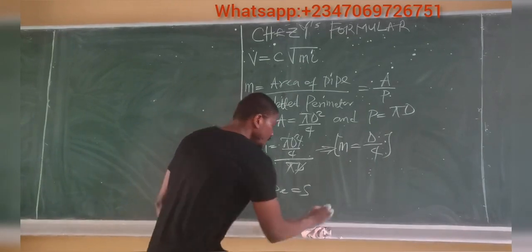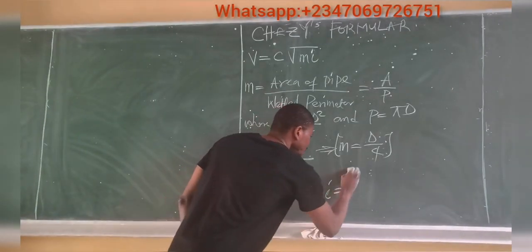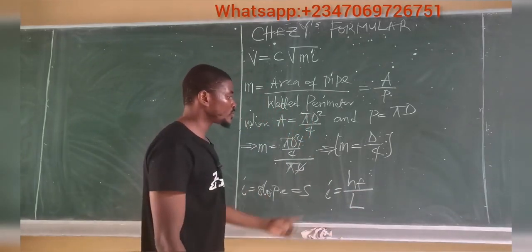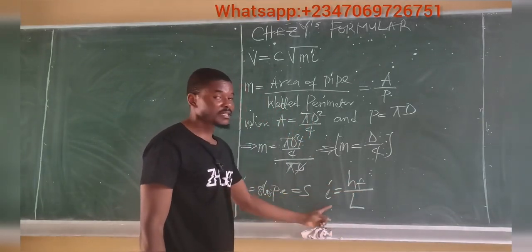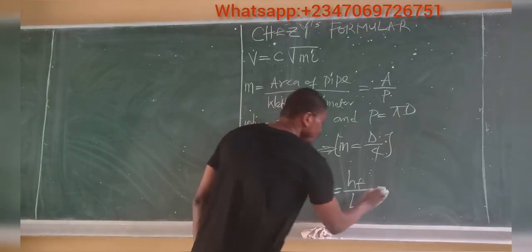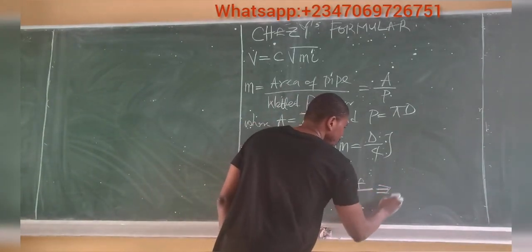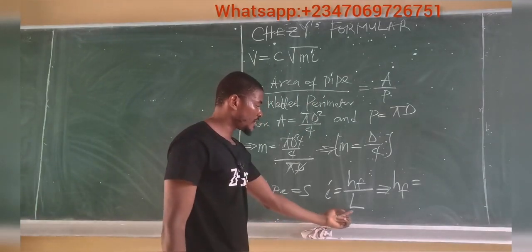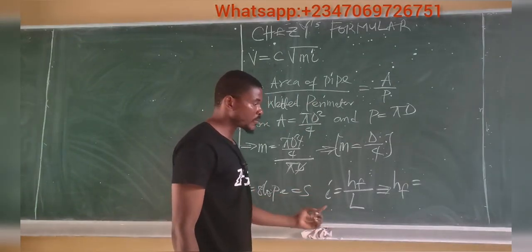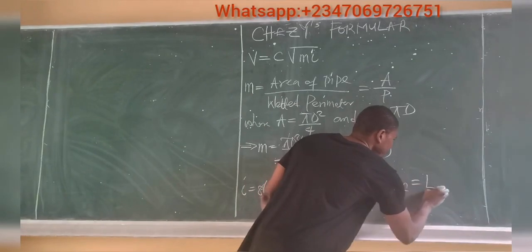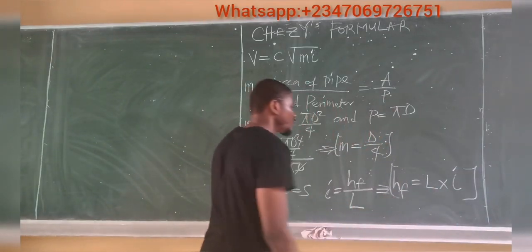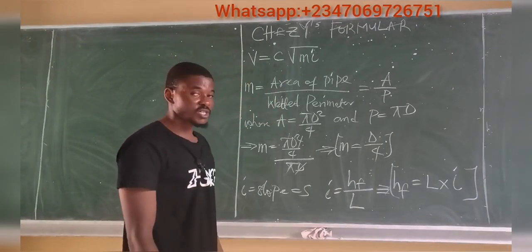I is equal to head loss due to friction over the length of the pipe. So to obtain the head loss due to friction using the Chezy formula, you simply cross multiply: the length multiplies the slope, so you have L times I. This gives you the head loss due to friction from the Chezy formula.